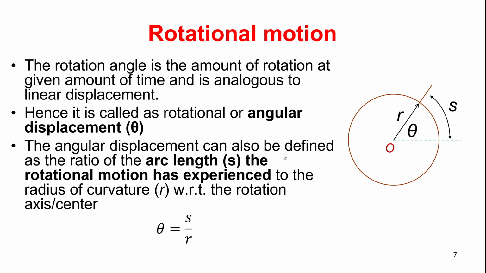This is using just the arc length equation. The arc length, which is this path, is always equal to radius multiplied by theta, which means that theta at each time is going to be equal to S divided by R. Angular displacement is going to be equal to linear displacement, this path that's taken, divided by the radius.